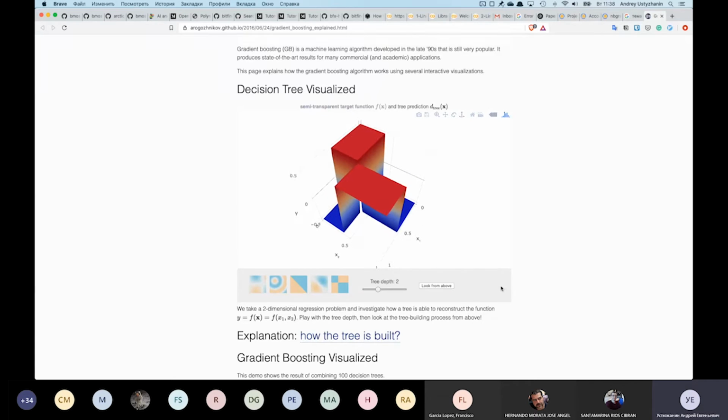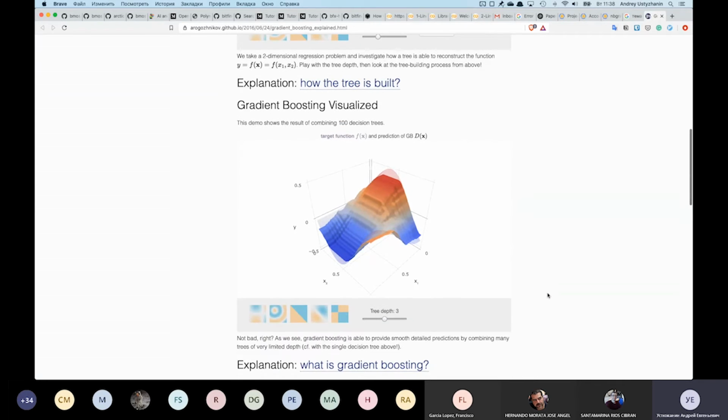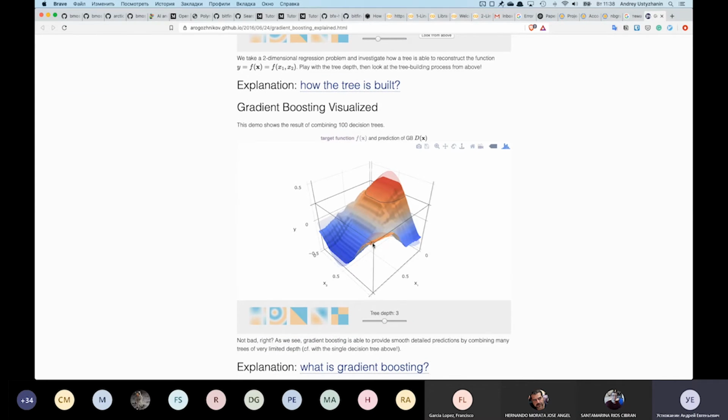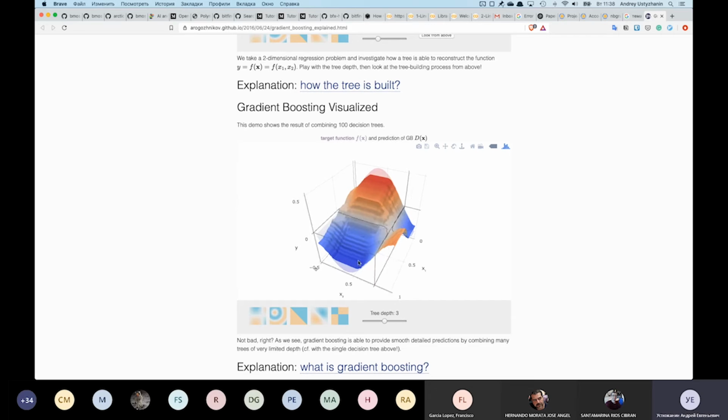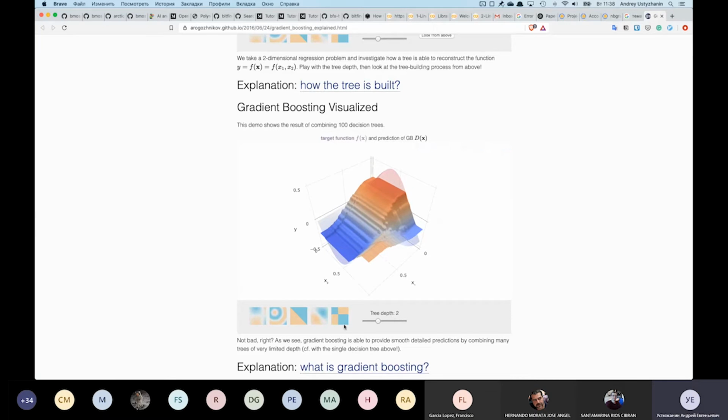Okay, so this was a single decision tree visualization, and this one is gradient boosting visualized. You have a shape, and you build an ensemble of 100 decision trees, and depending on the depth of those trees, you get a more or less accurate approximation.